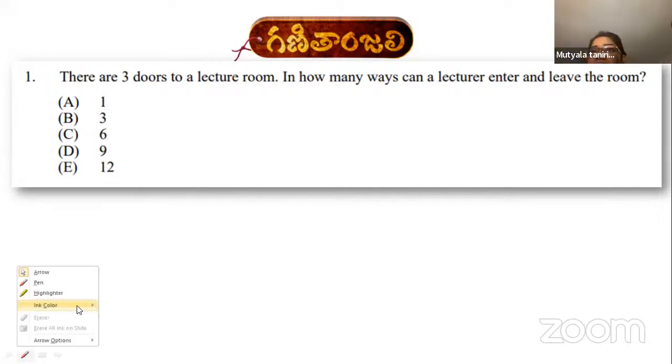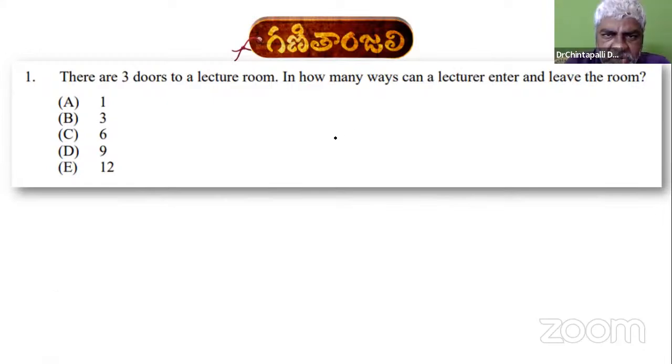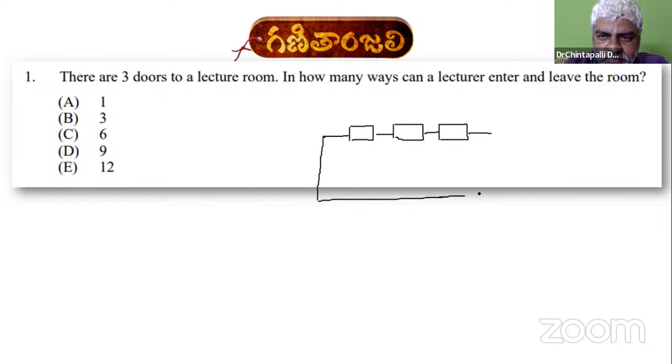Isn't it 3 times 2, sir? The classroom has doors D1, D2, D3.